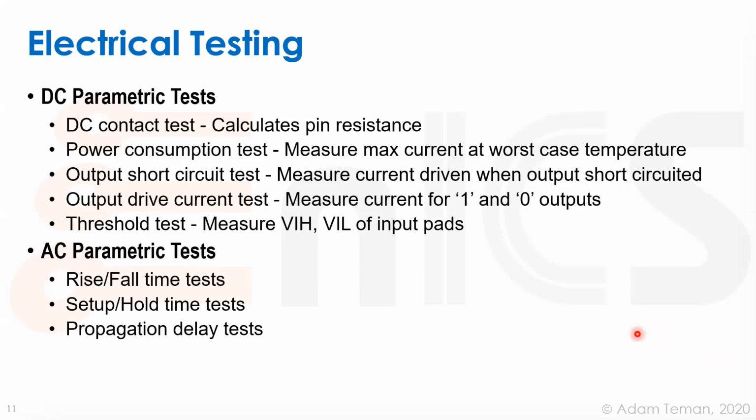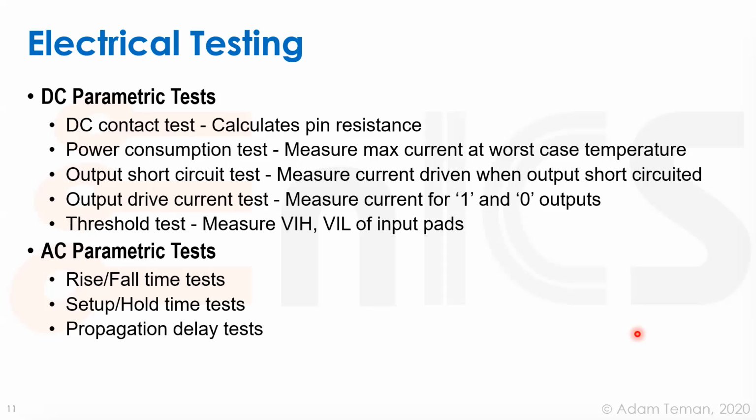Yeah, okay. So what kind of tests do we do? There are all kinds of DC tests. We contact the pads and measure their resistance. We measure the max current at the worst case temperature for a power consumption test. We do an output short circuit test, where we measure the current driven when the output is shorted, to see how much it can drive.